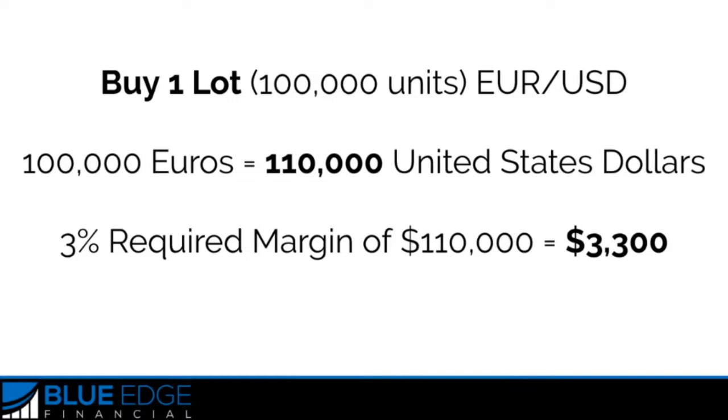Then that would mean 100,000 euros is equal to 110,000 United States dollars. Now that you have it converted to your trading account's currency, you simply need to take 3% of the $110,000. So that would give you $3,300 as the required margin to open that trade of one lot of Euro USD.